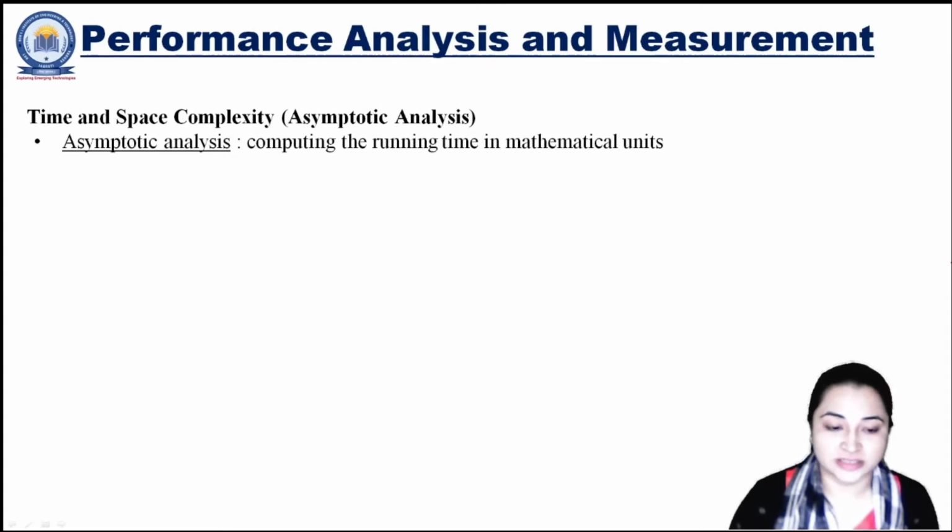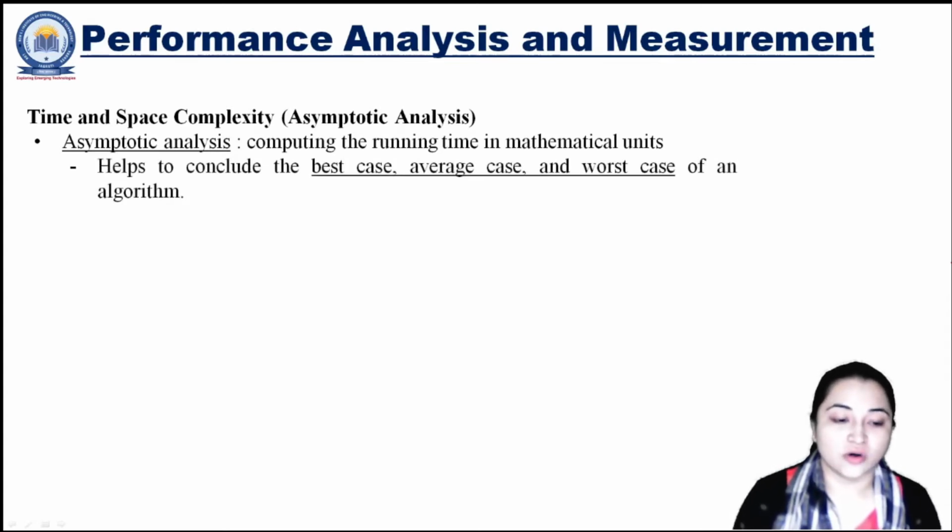So we will compute the running time complexity and we will use mathematical notations for describing or expressing that time and space complexity. In order to analyze the performance, we have to use three analysis cases, that is best case, average case and worst case analysis of an algorithm. That will help to conclude the performance of an algorithm.